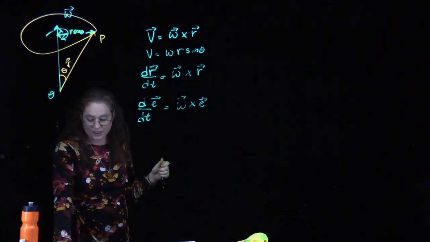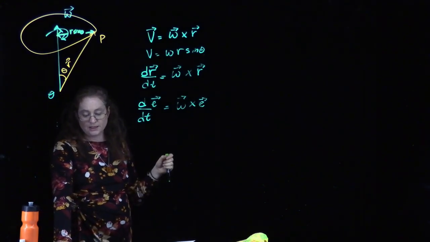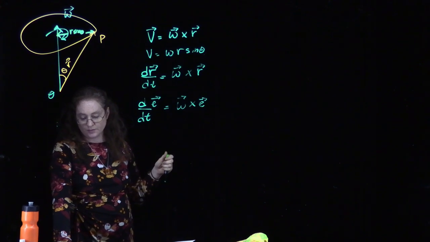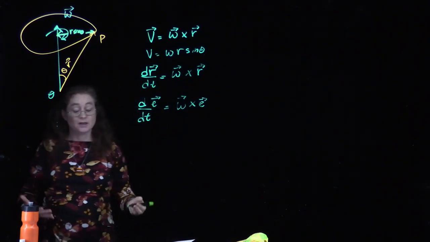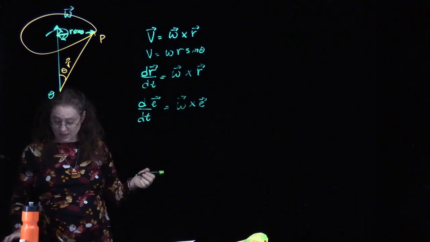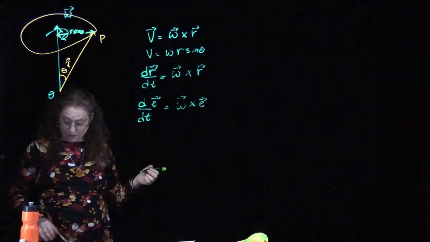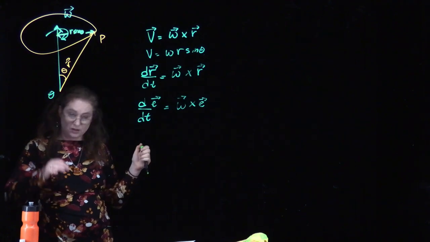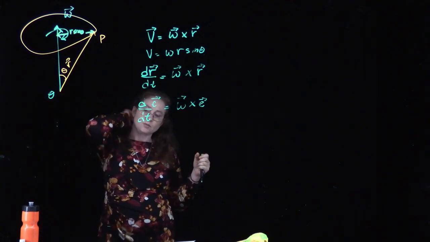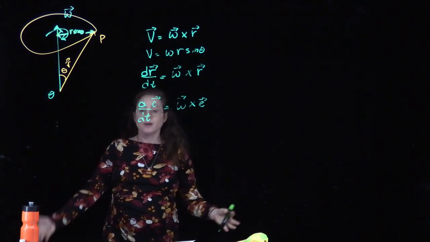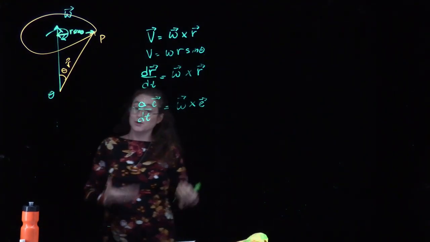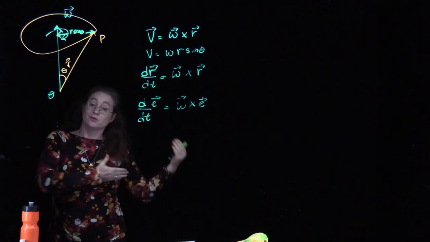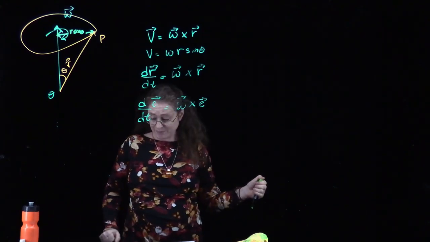And then we can ask what happens if we have multiple angular velocities. So let's say that you have a merry-go-round on the surface of the Earth, and you want to talk about the motion of that merry-go-round relative to a stationary frame.